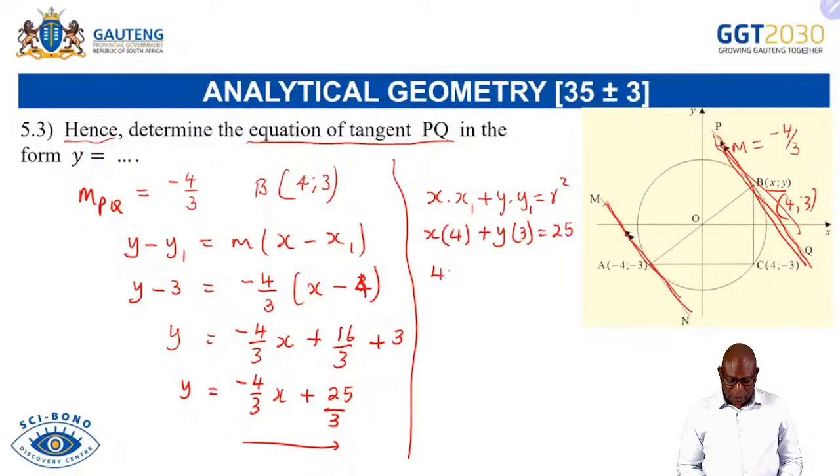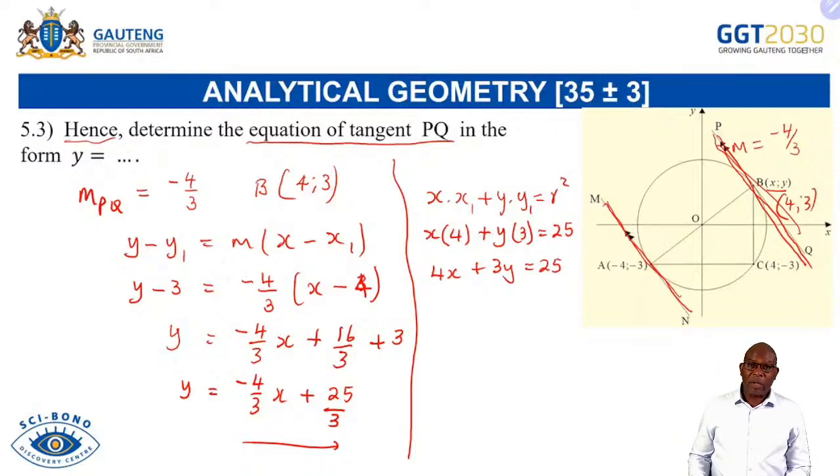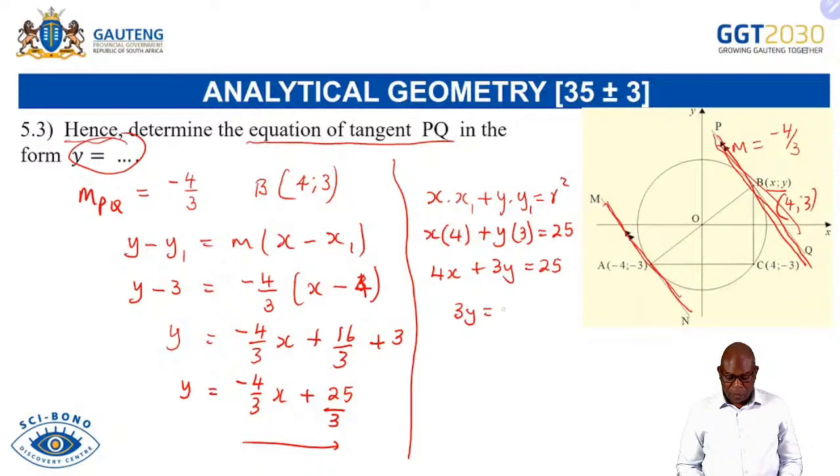Then I've got 4x plus 3y equals 25. Remember, you don't leave it there because the question says in the form y equals. So I'll have 3y equals, bring over the 4x, so it becomes negative 4x plus 25. And divide everything by 3, then I've got y equals negative 4 over 3x plus 25 over 3, which is the same answer here.